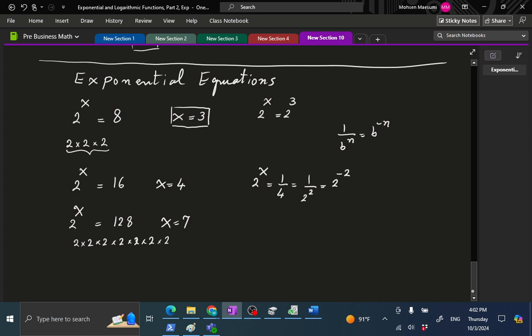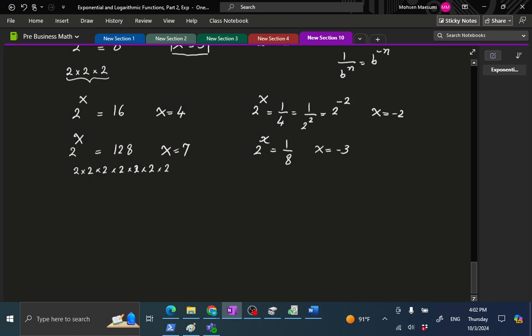And by the observations that we had over there, if your two exponential numbers have the same base, then the exponents have to be the same. So here I get that x has to be minus 2. Similarly, 2 to the power of x being 1 over 8, we can tell that x has to be equal to minus 3, and so on.